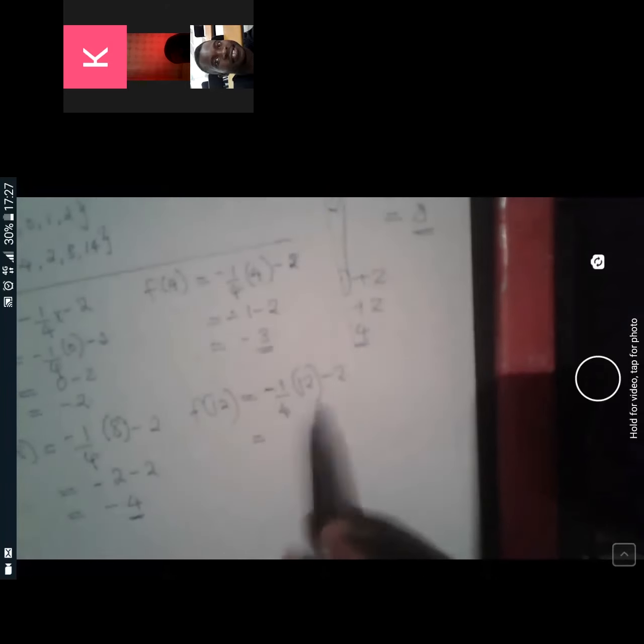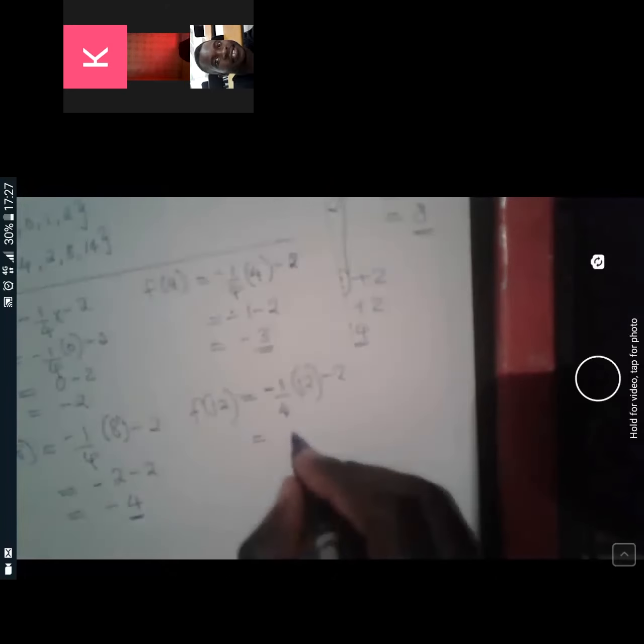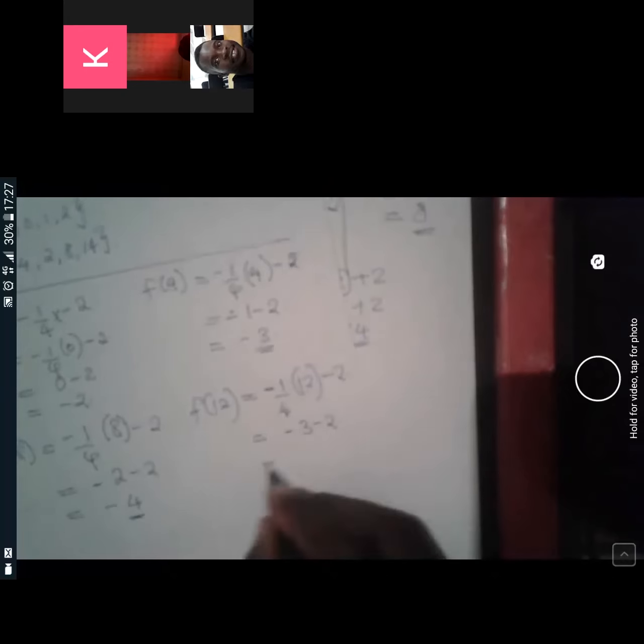Okay, so here f of 12 we are going to get, we have 1/4 into 12, you get 3 times -1, you get -3 minus 2, which will give you -5. So when you complete the table, the value of y when x is 0 was -2.